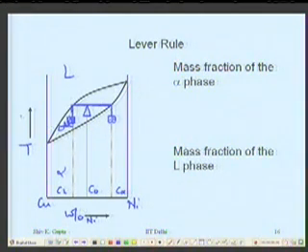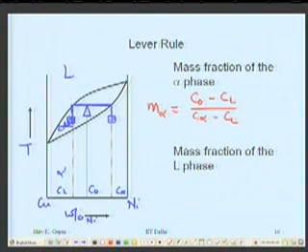For the liquid it should be this, and for the solid it should be that, so that the lever is maintained horizontal. So you can see the mass fraction of the alpha phase, I call it M alpha, is equal to the opposite arm of the lever, that is C0 minus C liquid divided by C alpha minus C liquid.